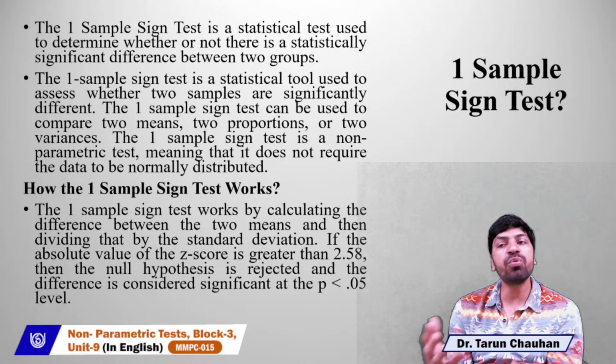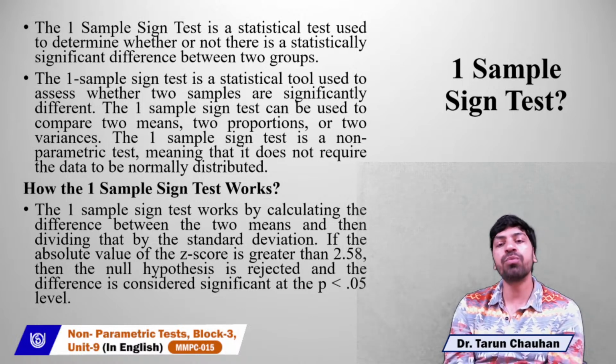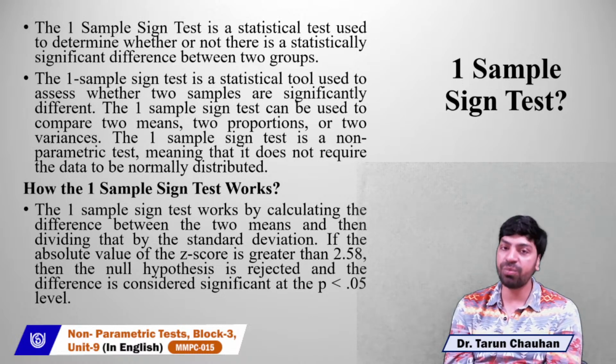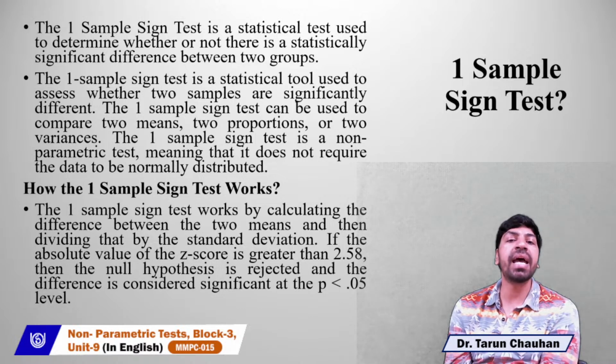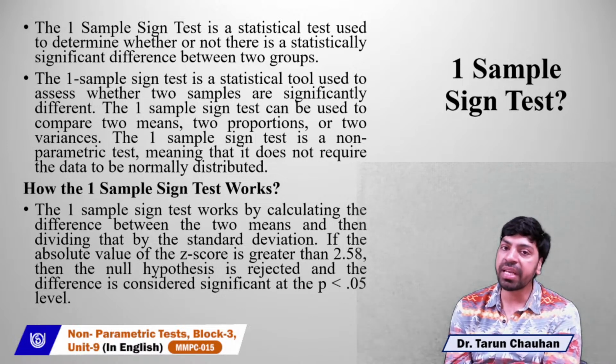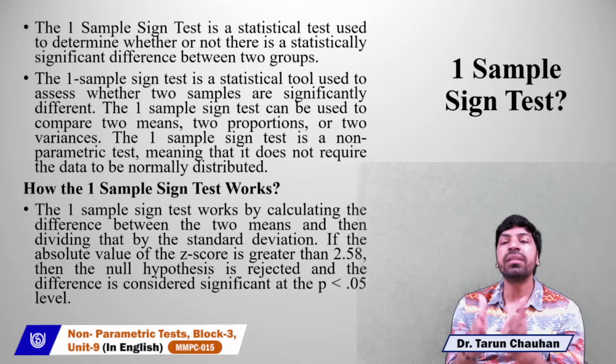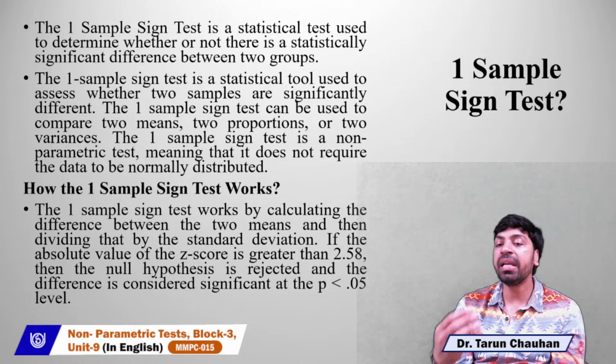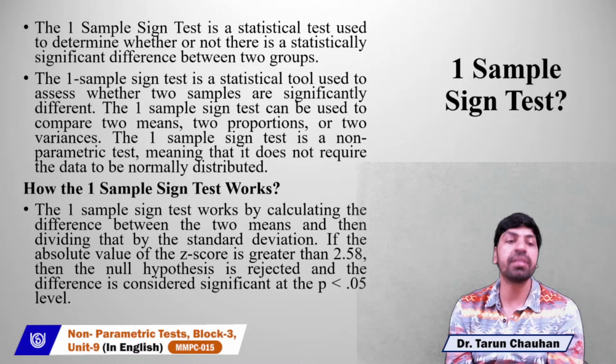It can be used to compare two means, two proportions, two variances, or two medians as well. The one sample sign test is a non-parametric test which does not require the data to be normally distributed, so it doesn't apply distribution models.